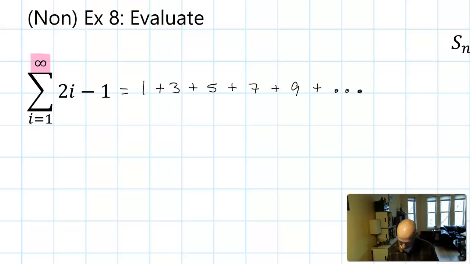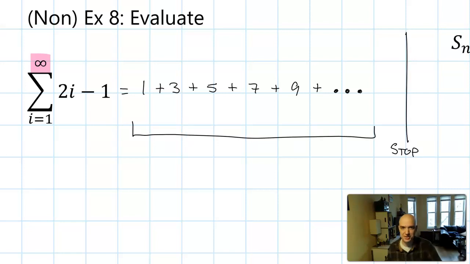But the problem is it keeps growing. If you chopped this sequence off and said, all right, stop here, you could absolutely find the sum. You could find what's called the partial sum of the infinite sequence. But you can't find the infinite sum because the terms keep growing.